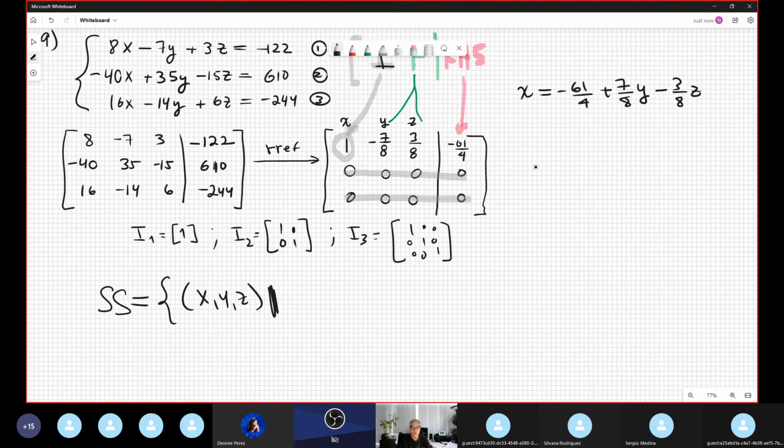So you move this term and this term to the other side in order to isolate the only variable that is not free. It is depending on y and z according to this relationship.